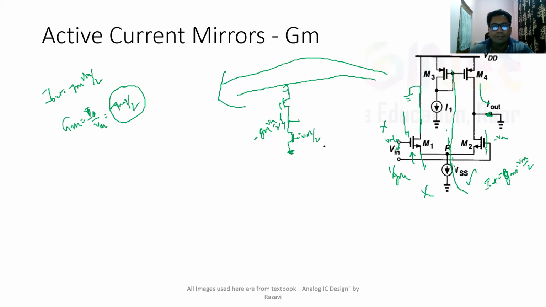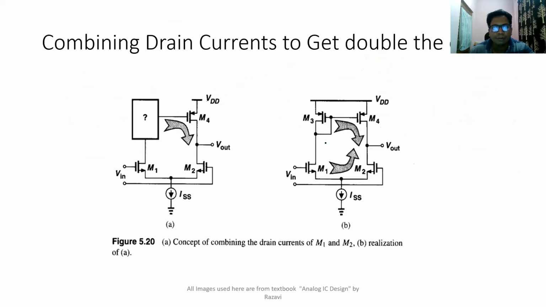For doing that, instead of connecting this to VDD, you can copy this current variation to this circuitry, and we know how to copy variations. We have the current mirror.